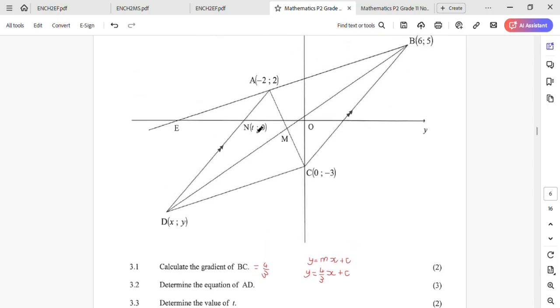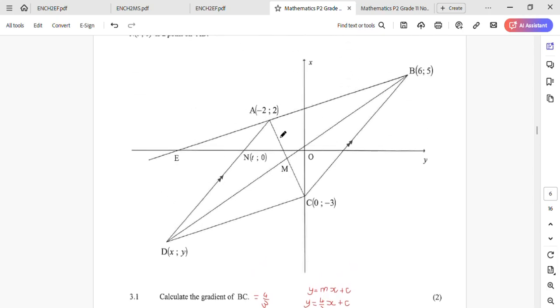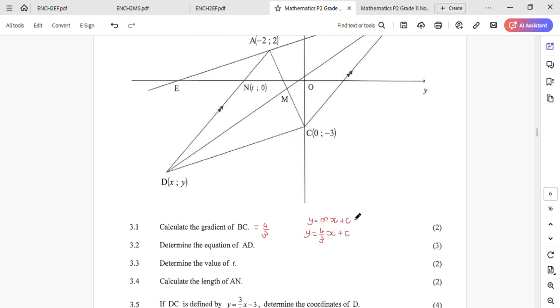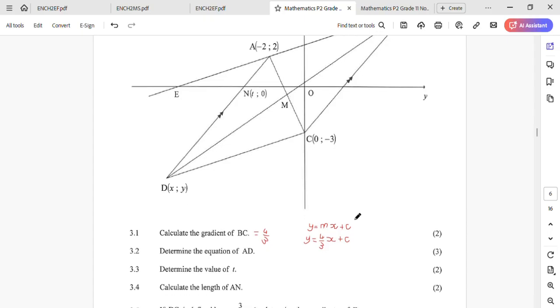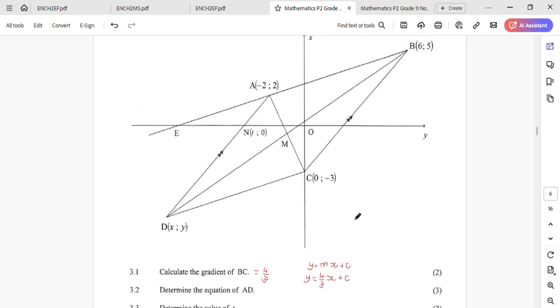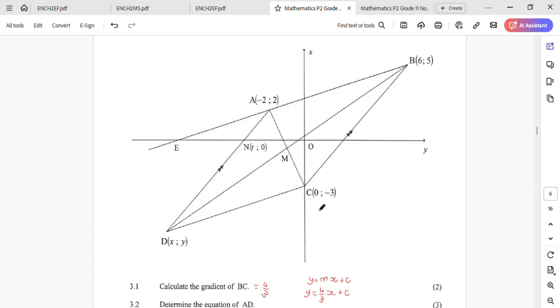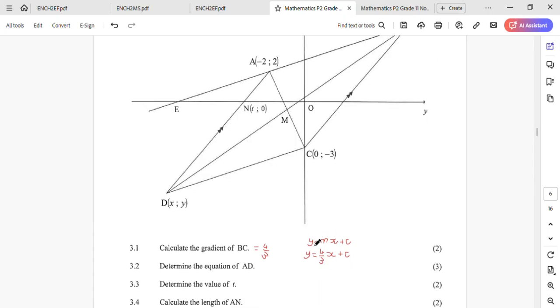Then we're going to take just one coordinate. We're going to take the coordinates of the point A, put them as they are. Negative sign, don't leave it. The negative sign is very important when you are calculating this, because once you drop it, you lose many marks. So we have our y equals to 2.